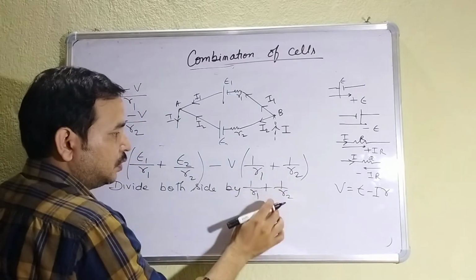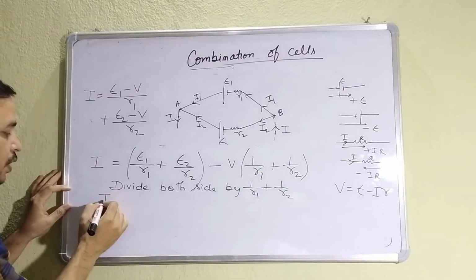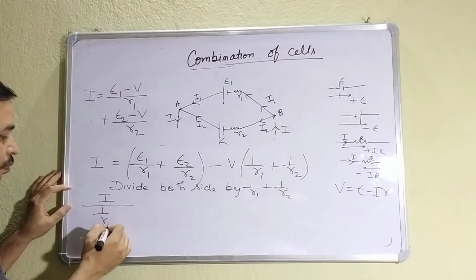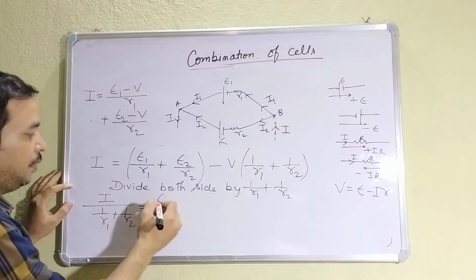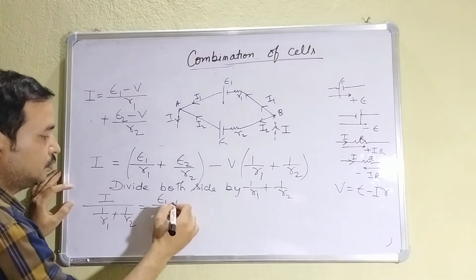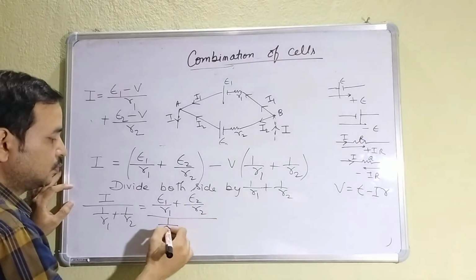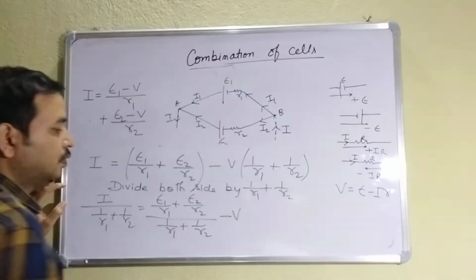So these two are the same, so it will become 1. So if you are dividing by 1 by R1 plus 1 by R2, this will become 1 by R1 plus 1 by R2. And this will become V.